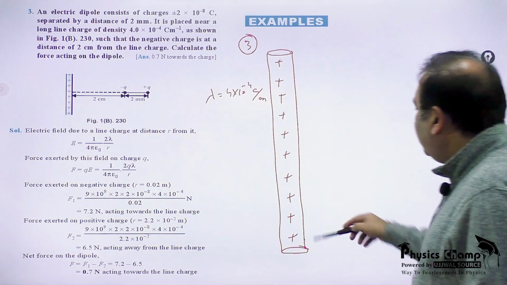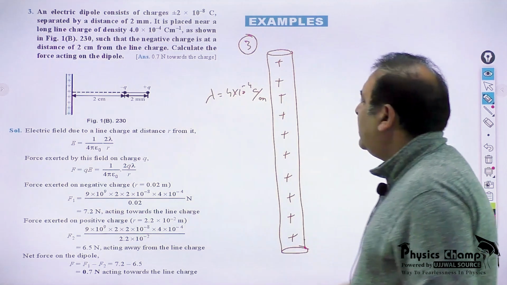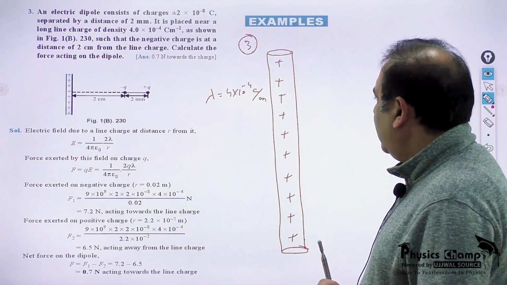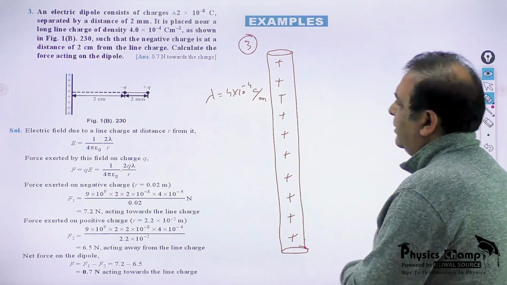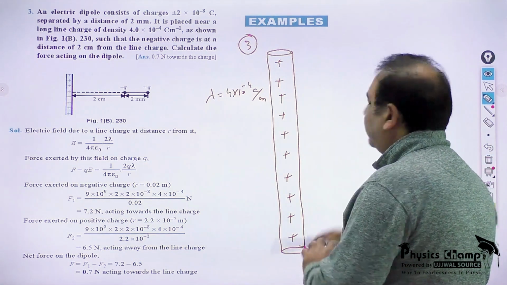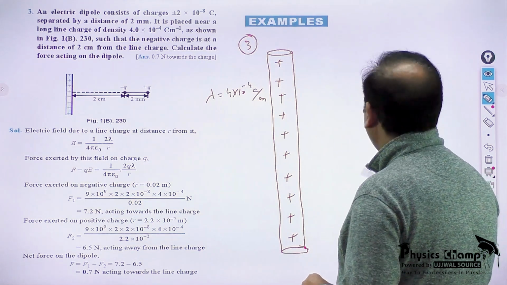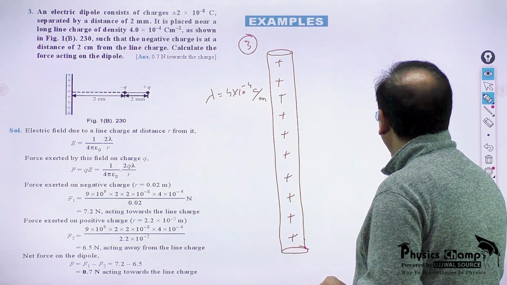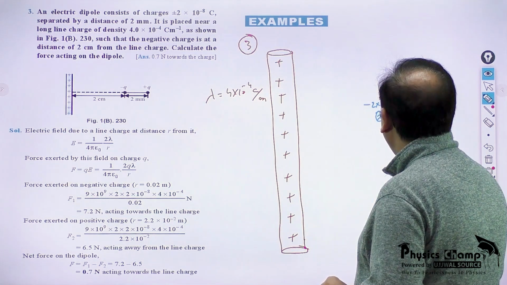So you have an infinitely long wire, and over here you have an electric dipole. The electric dipole has its negative charge minus 2 into 10 to the power minus 8 coulomb placed.